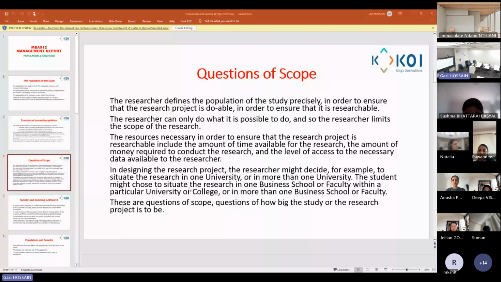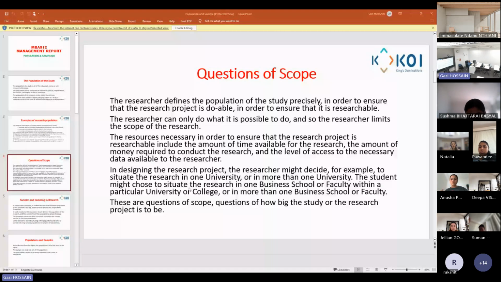So we need to think about the sample of the population. We will be collecting data from part of the entire population. The proposed research is then carried out on or with the sample instead of the entire population.